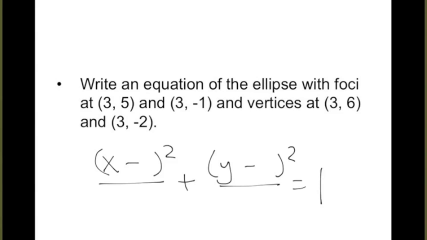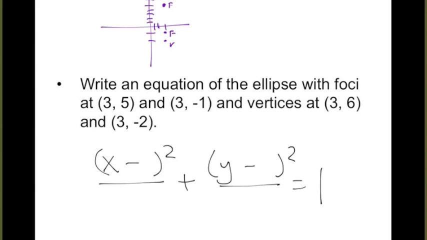When we plot this one, we have foci at 3, 5 and 3, -1. And we have vertices at 3, 6 and 3, -2.